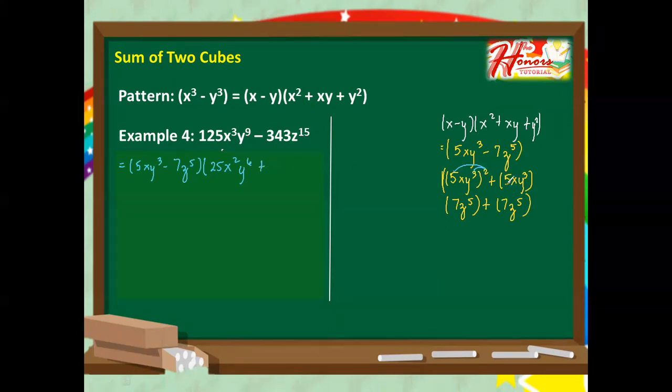Plus 5 times 7, that's 35, xy cube z cube. And then last part, you have squared here. So that is 7 squared, so that is 49. Let me write it here, 49z raised to 10. So this is the final answer.